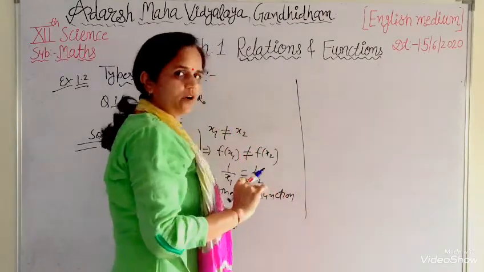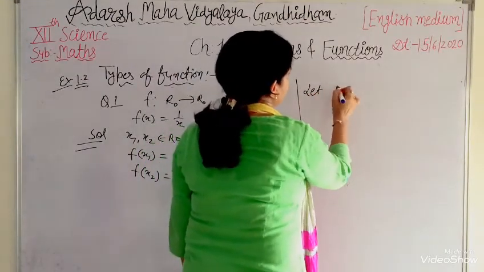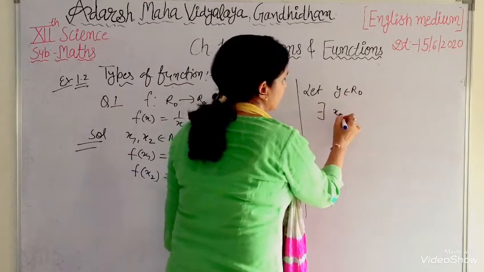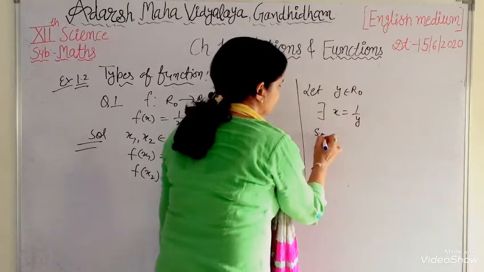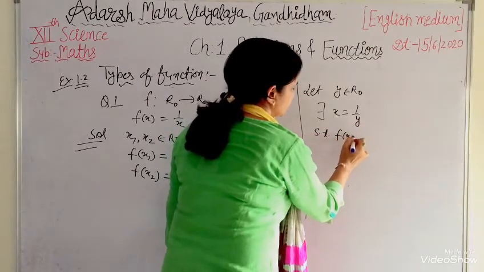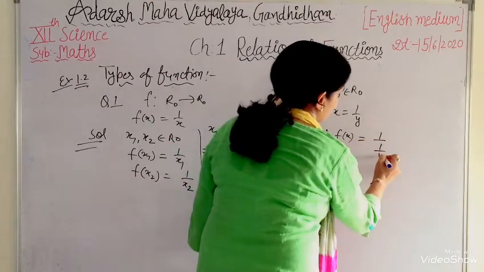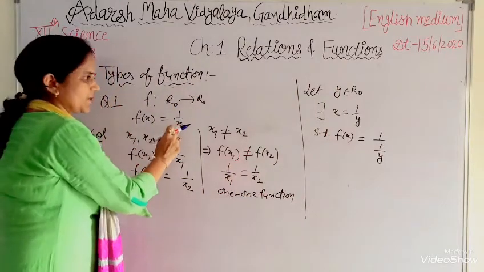Now for onto, let for each y belonging to R0, there exists x equal to 1 upon y such that the image f(x) is equal to 1 upon y. Here, students, f(x) is defined as 1 upon x.